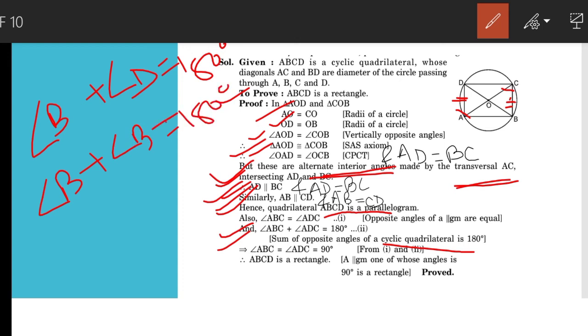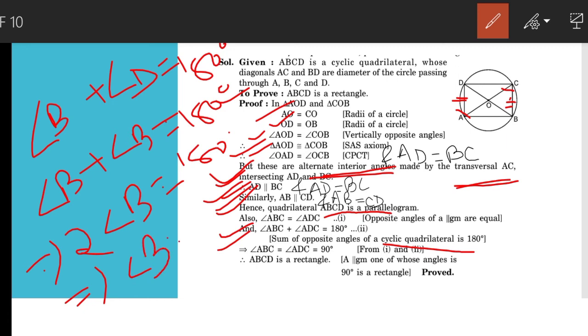Opposite angles are equal, so 2 angle B is equal to 180 degrees, which implies angle B is equal to 90 degrees. So does angle D. Angle D also is 90 degrees. So using the relation 1 and 2, we can say angle B is equal to angle D is equal to 90. So we got a parallelogram and the interior angle is 90 along with opposite sides equal.